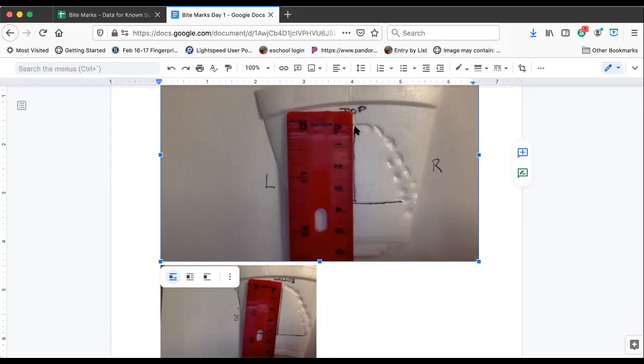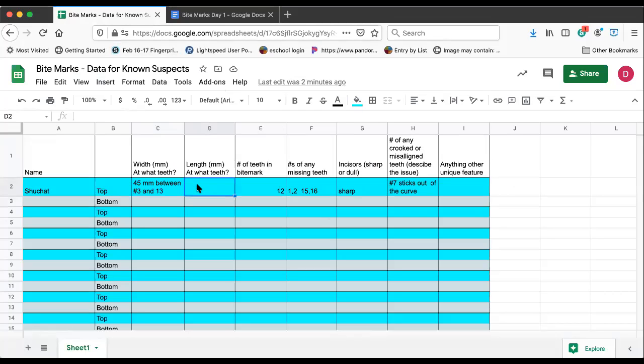So it's 36 minus 2 millimeters, so only 34 millimeters. I'm going to try not to do that, but clearly on the very first example, I screwed up. So I'm going to say it's 34 millimeters between, again, number 3 and 13.